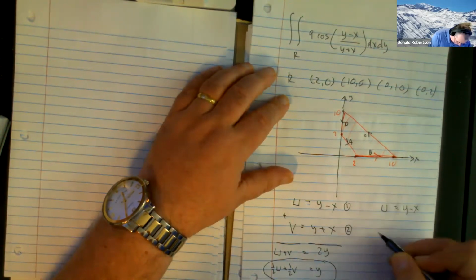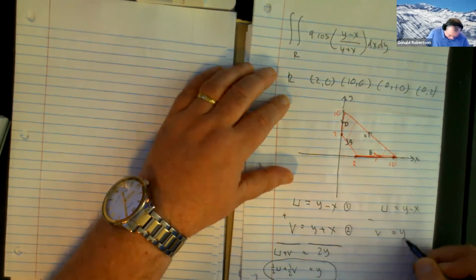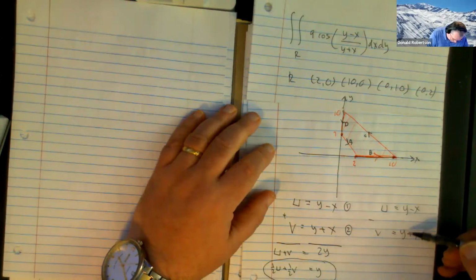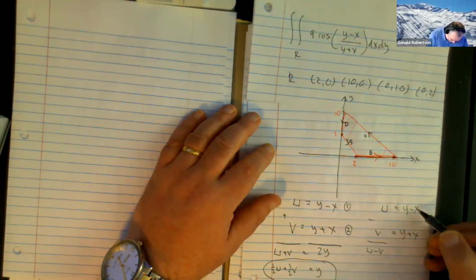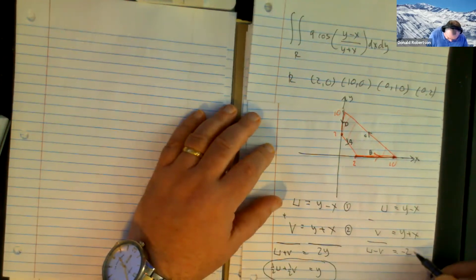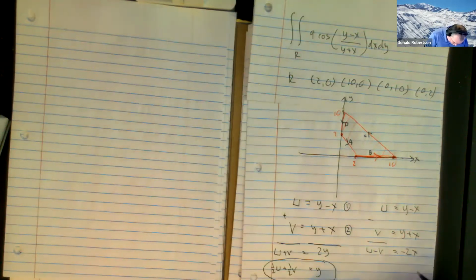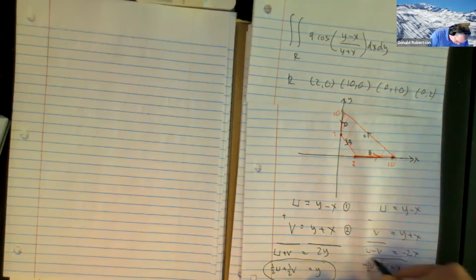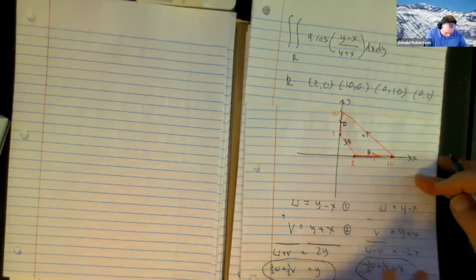It's a bit messy, but that's fine. If you take this one, take away that one, you get u take away v, and that one take away that one gets you -2x. That gets you -a half u plus a half v, and that equals x. And we got the two done, guys.